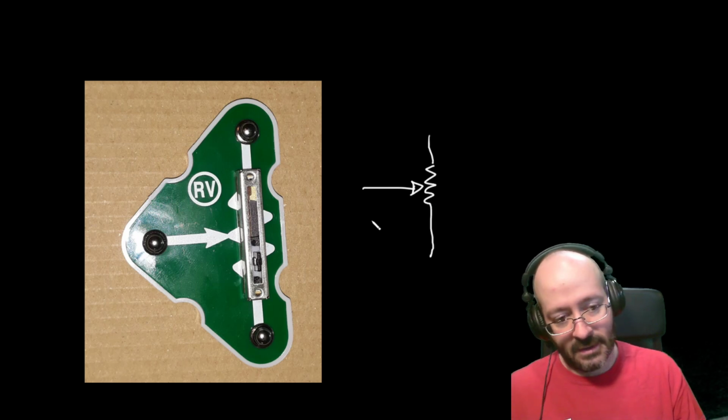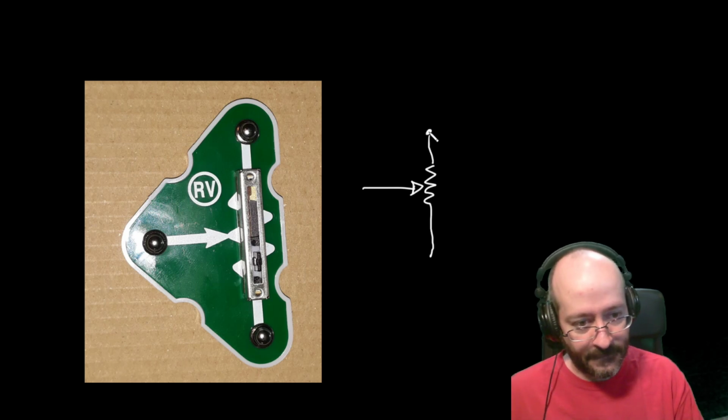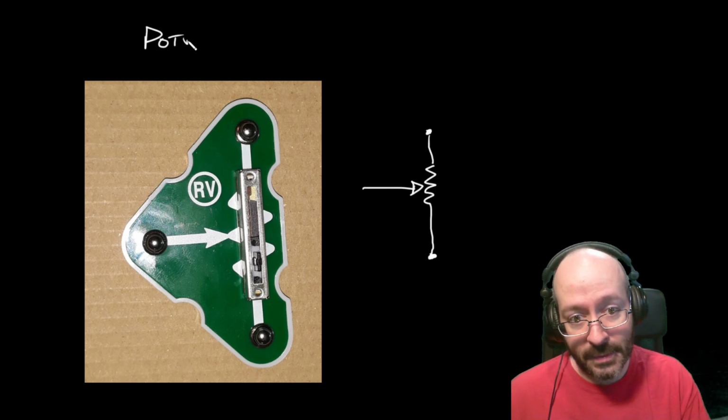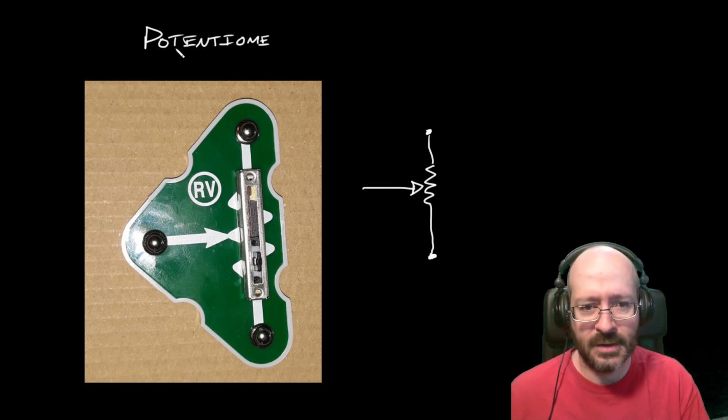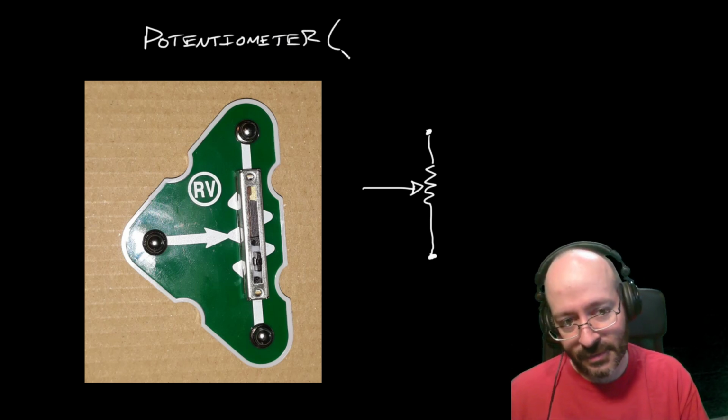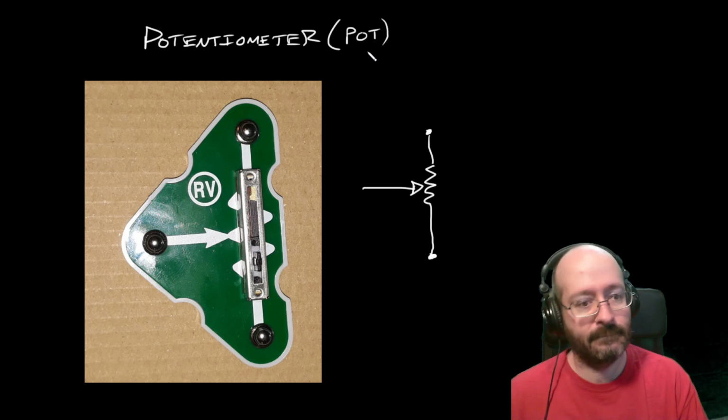We call it a variable resistance, or a potentiometer. I think I spelled that right. A lot of times, for short, we just say it's a pot.